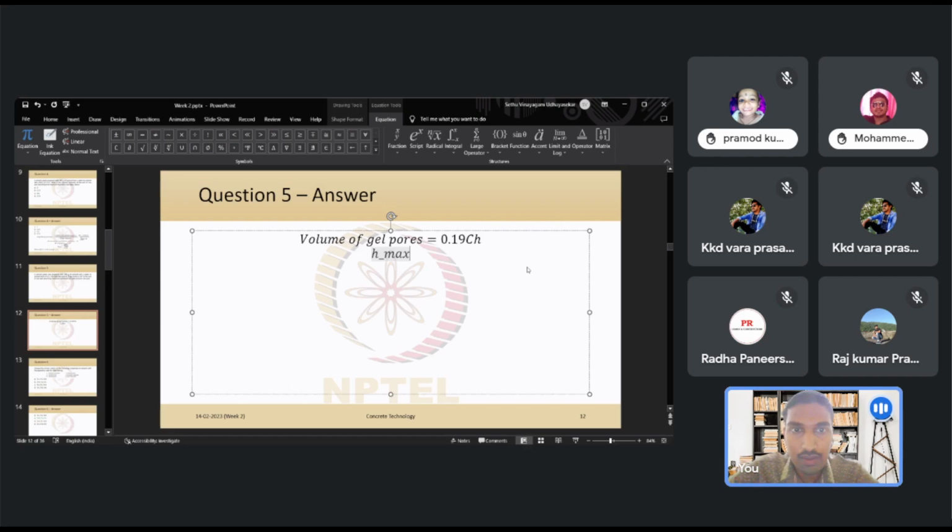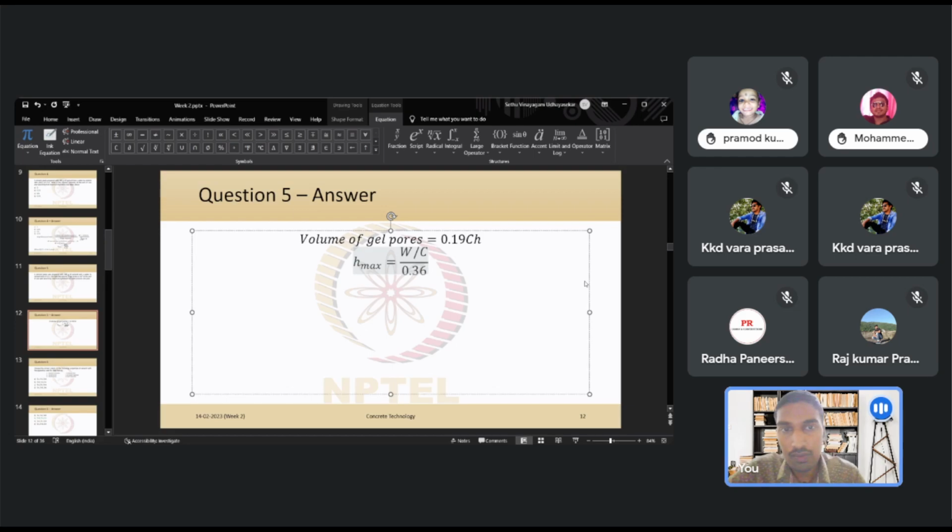So for a given water to cement ratio, what is the maximum degree of hydration, right? So what was that relation? It was W by C by 0.36, right? So this is what we saw derived in the solution for the previous question, right? So for a given water to cement ratio, the maximum degree of hydration is given by this relationship.